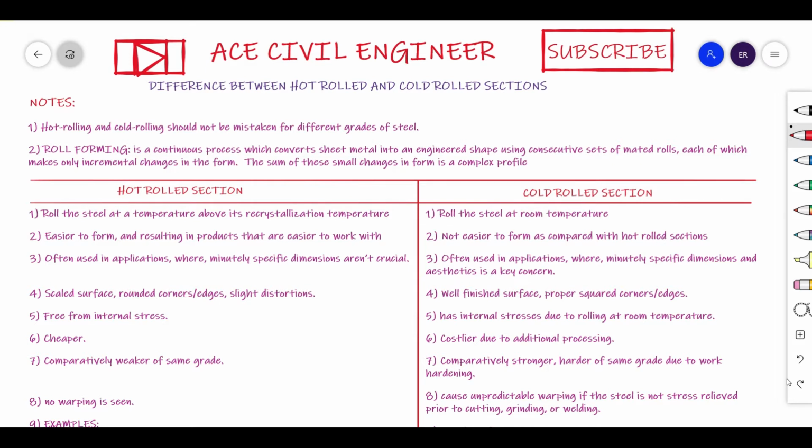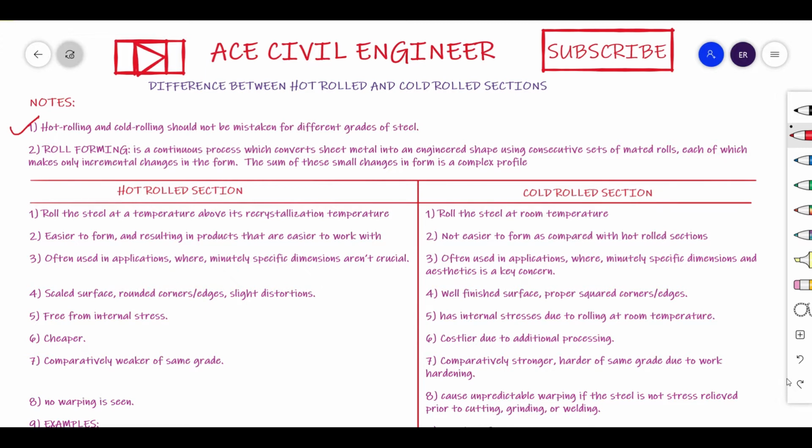Firstly, the first note I would like to mention here is that hot rolling and cold rolling should not be mistaken for different grades of steel. Many people think that hot rolled section will have a different grade of steel and cold rolled is a different grade of steel, because they do have different codes.